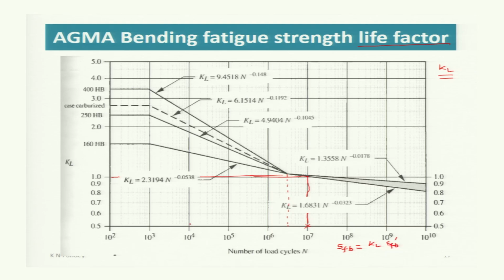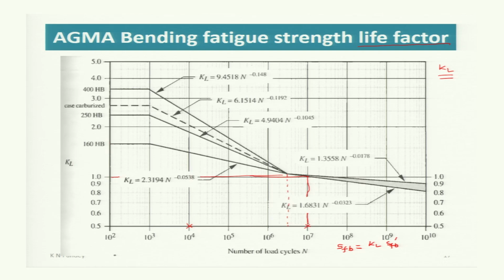So, if you want to design your component for 10 to the power 4 number of cycles and the data is available for 10 to the power 7 cycles, the strength which you will get will be more than this SFB dash, because for 10 to the power 4 cycles the value of KL is more than 1.